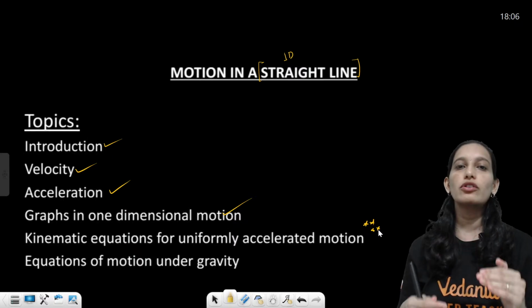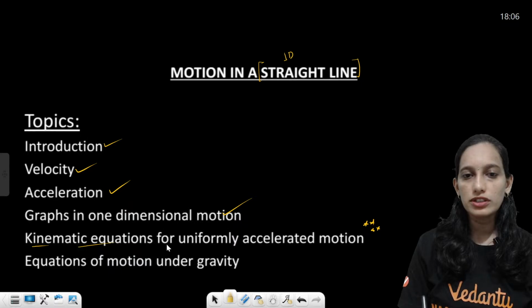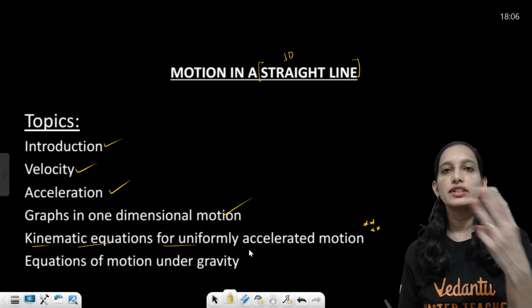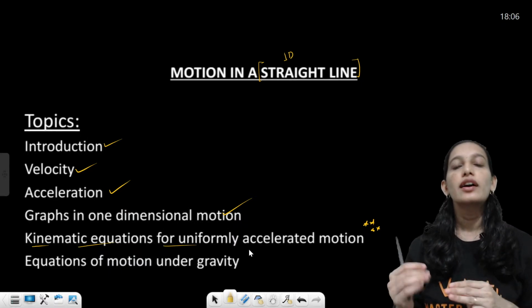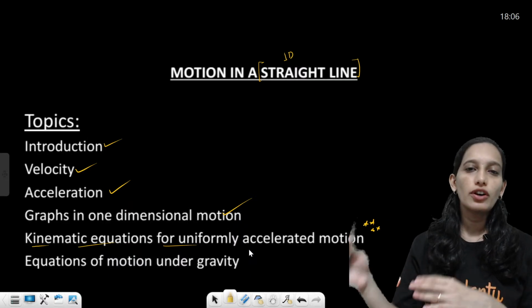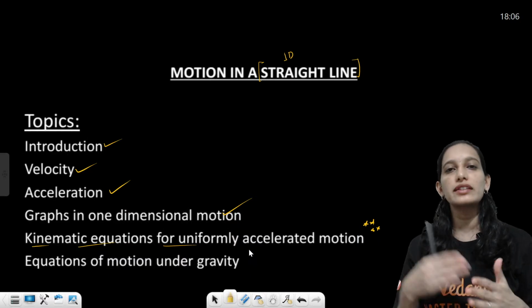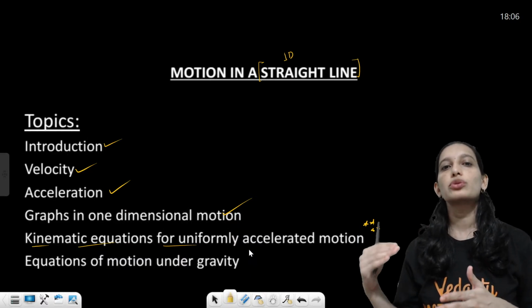Our whole idea of this chapter is to understand this concept very clearly, where we try to derive 3 equations, and we have to remember them till the end of your second PUC or your competitive exams, because now and then you will see we will be using those equations.